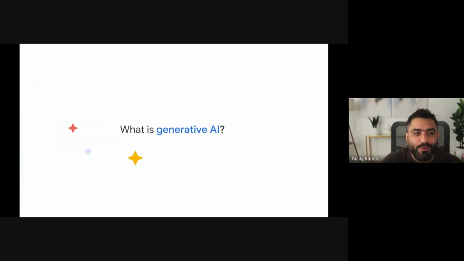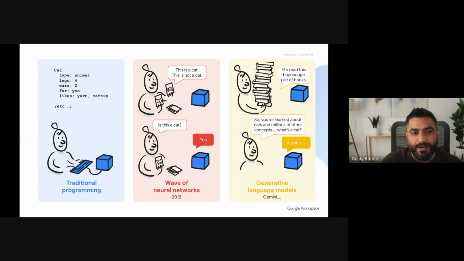Just to start with, let's cover the ground a bit, understanding what exactly is generative AI, at least in a nutshell. When you think about programming, you probably think about something like on the left. For the first few decades of computers, this is pretty much how it worked, using handcrafted rules. But the real world is a lot messier and more complex, and can't really be represented this way.